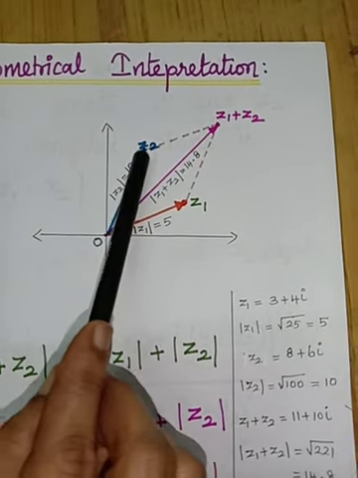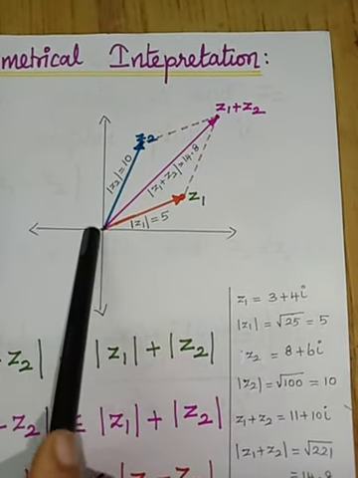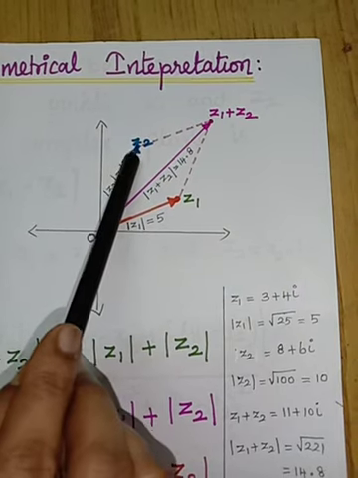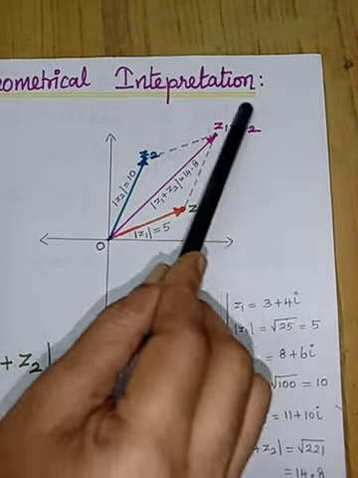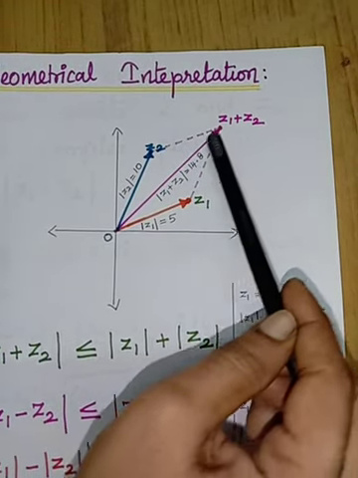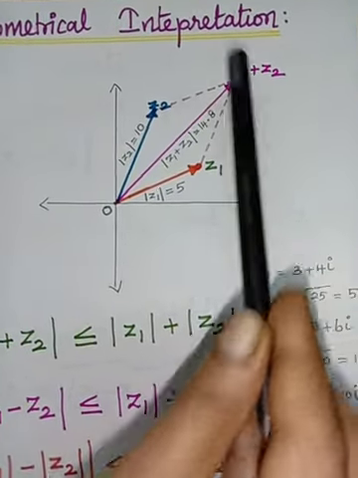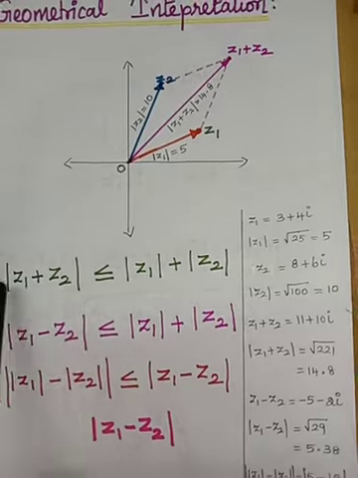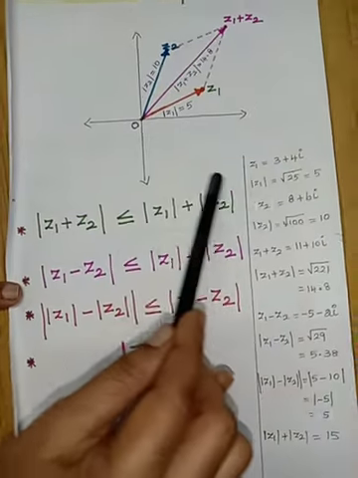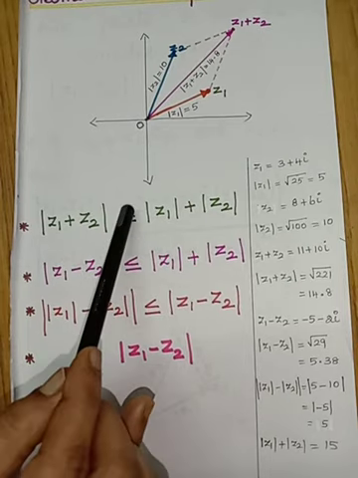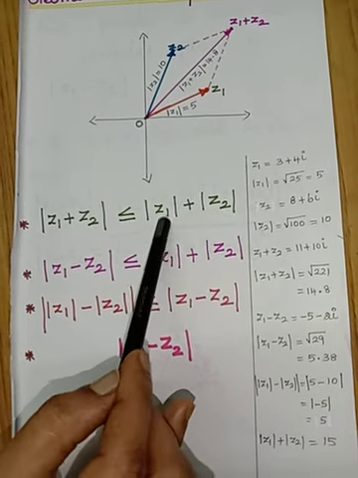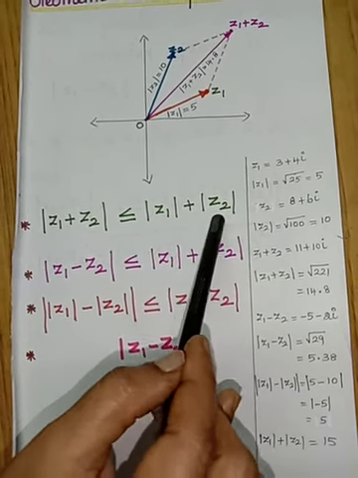Next, the complex number z2, I have marked using a position vector. The sum of the two complex numbers is marked here. So, for example, this is the triangle inequality: modulus of z1 plus z2 is less than or equal to modulus of z1 plus modulus of z2.